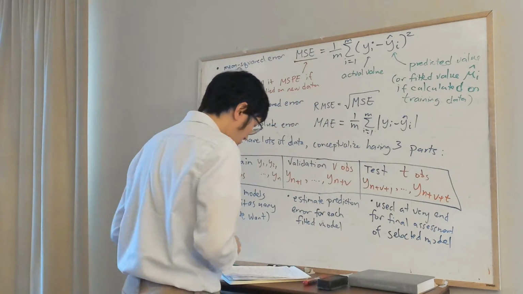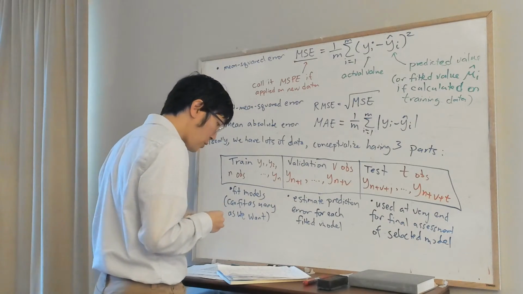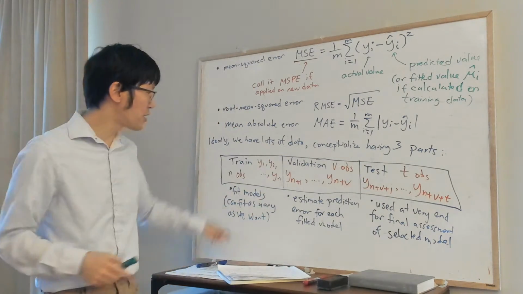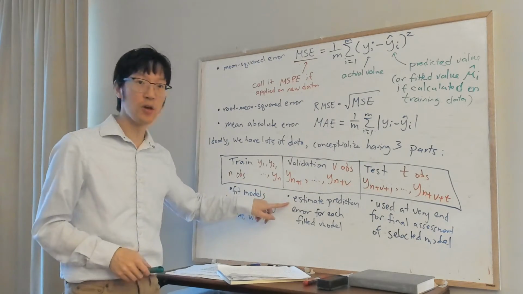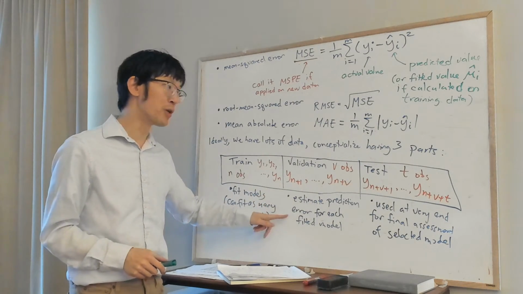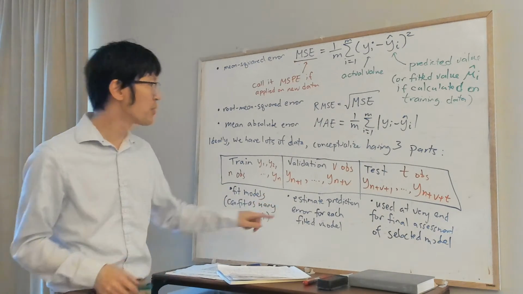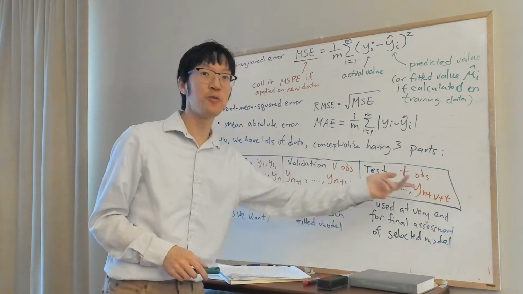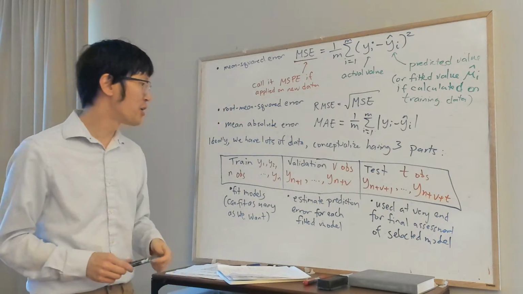The difference here is that validation allows us to estimate what the prediction error would be if we were to apply the model on new data, and when we actually apply it to test data, it gives us an actual measure of our prediction error.